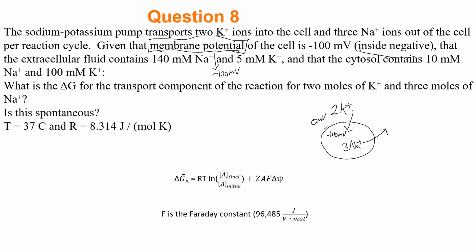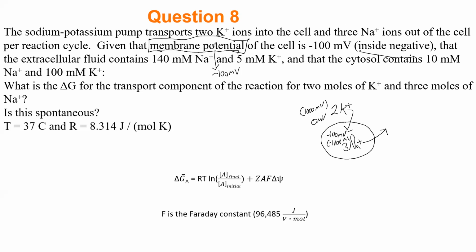These numbers could be anything, as long as the difference between the two is negative 100. Like I could say the outside is 1,000 millivolts and the inside is negative 1,100 millivolts. It doesn't matter, as long as the difference between the two is minus 100. So to make it easy on myself, I just do 0 and negative 100. So that's membrane potential.